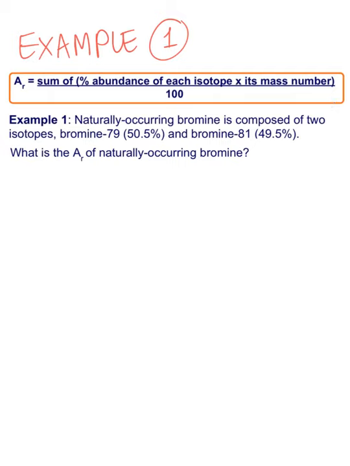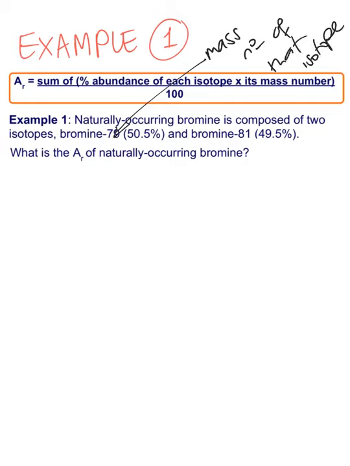So this says naturally occurring bromine is composed of two isotopes, bromine-79 and bromine-81. The numbers here are the mass number of that isotope. That's quite common, that they show it like bromine, dash, and a number. That number is the mass number of that isotope.